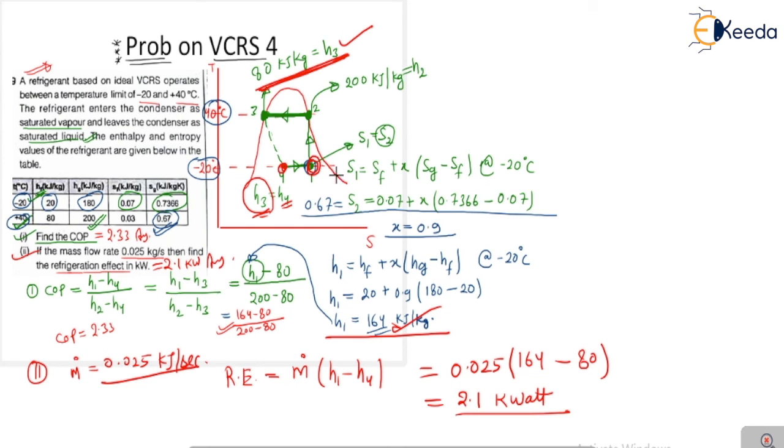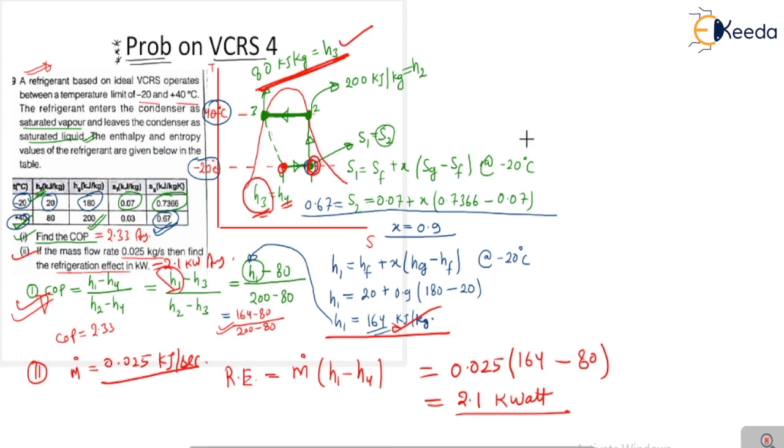So by this way we can solve any question. First of all, we plot all the given data over the TS or pH scale, and by showing the given data over the TS scale, we can easily find the unknown value.